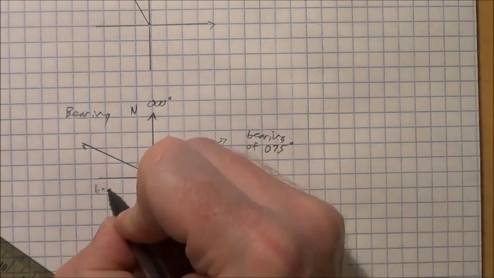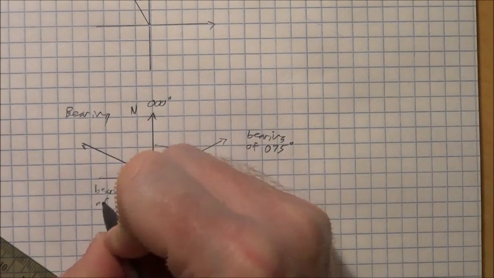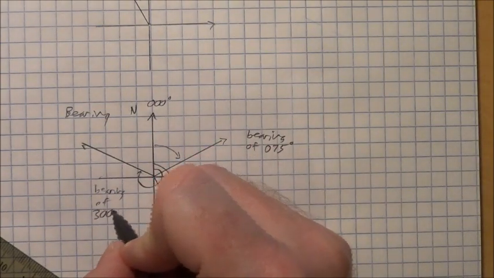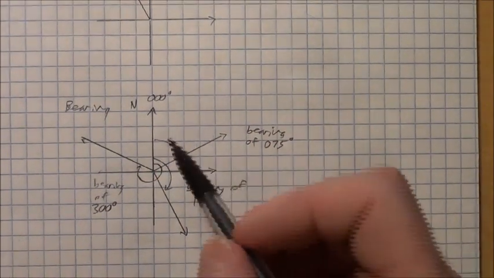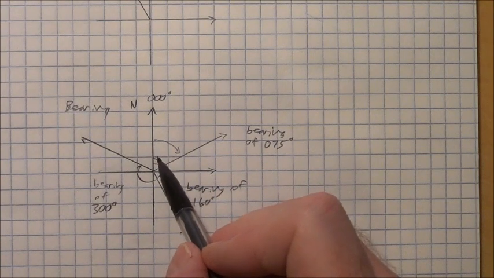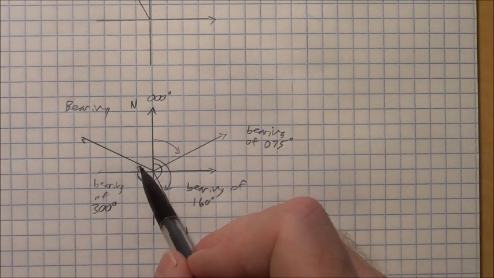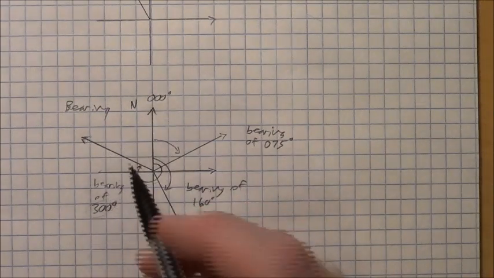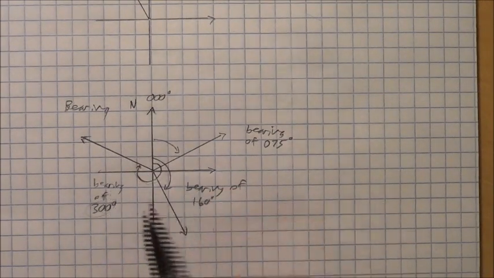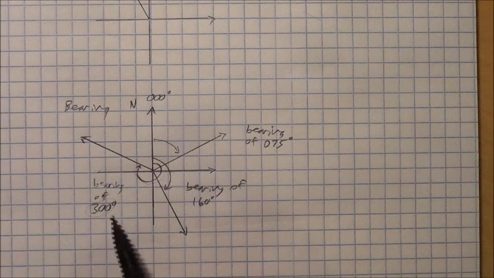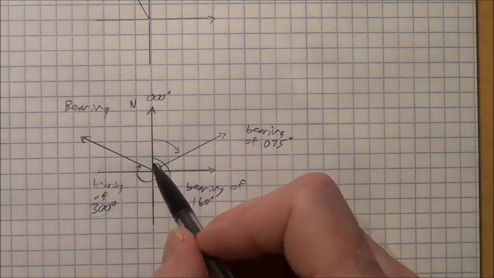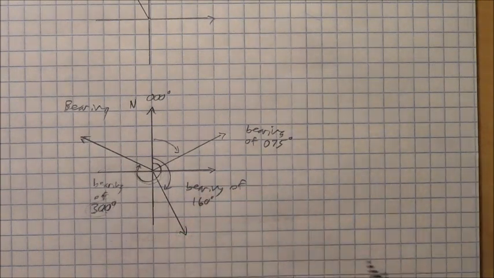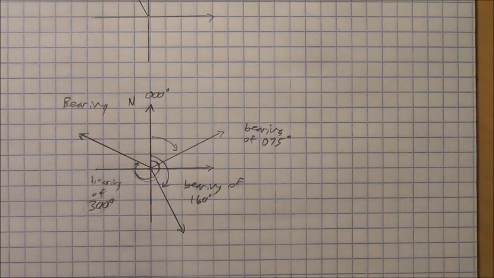So that would be a bearing of, let's say, 300 degrees. Okay, so it starts at north, rotates clockwise around until it covers the correct number of degrees, and so it passes 90, passes 180, passes 270 up to the 300. So that was a bearing of 300.